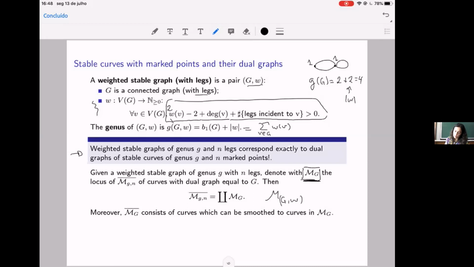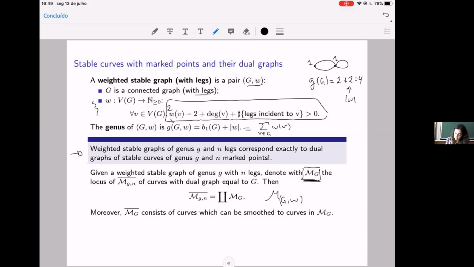Sometimes I think of the graph already as weighted, but here I wanted to stress that we also have a weight function. So this is the locus inside our space parameterizing curves whose dual graph is of type (G,w).